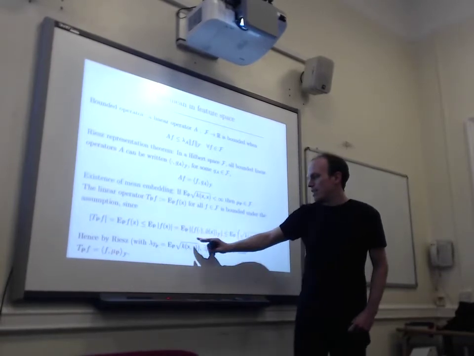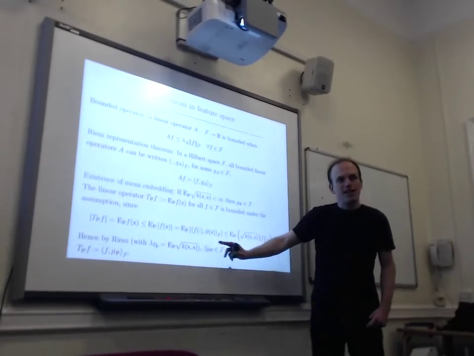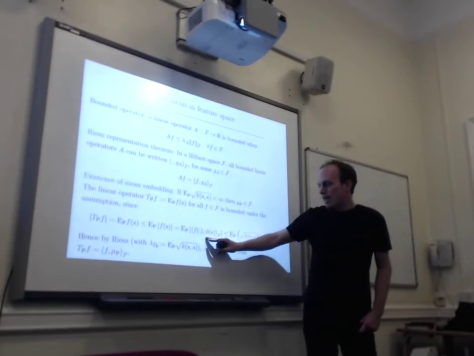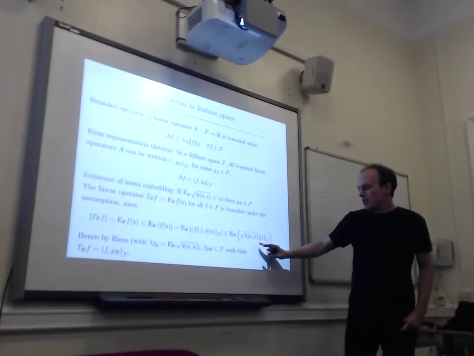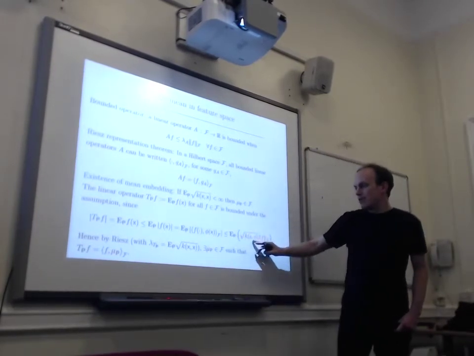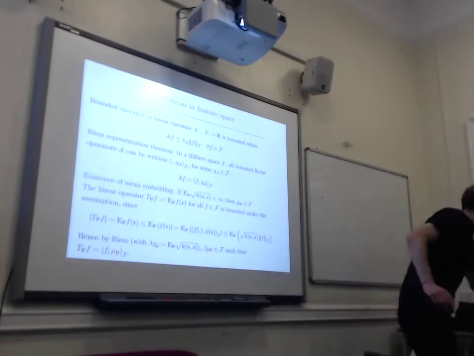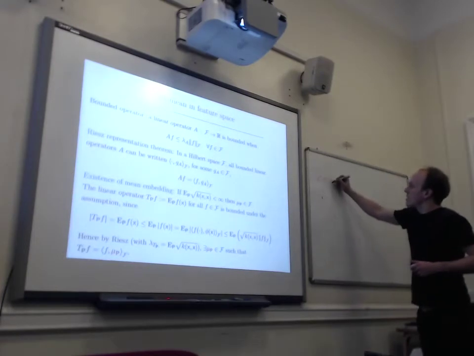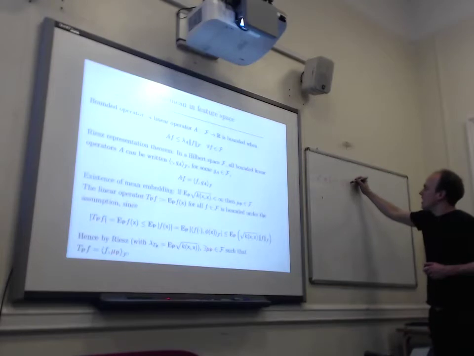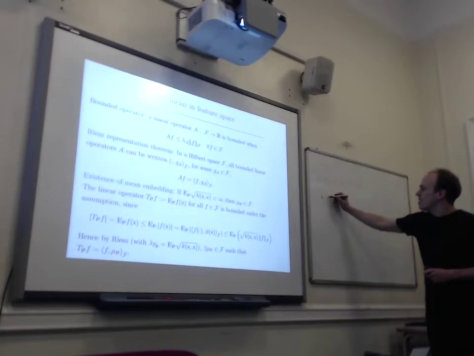Remember that f is the inner product of the function in the RKHS and the feature map, okay? And then by Cauchy-Schwarz, I can upper bound this inner product as the product of the norm of phi of x and the norm of f. So this is using this result that the inner product of A and B is less than or equal to the norm of A times the norm of B. Okay, and the norm of phi x, what's that?